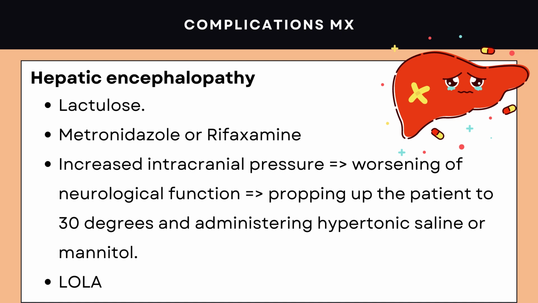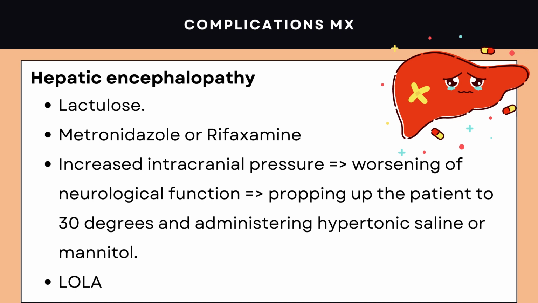Give oral antibiotics such as metronidazole or rifaximin to reduce the bacterial load in the intestines. However, therapies used for management of encephalopathy in cirrhosis may not be effective in acute hepatic failure. Established hepatic encephalopathy causes increased intracranial pressure.